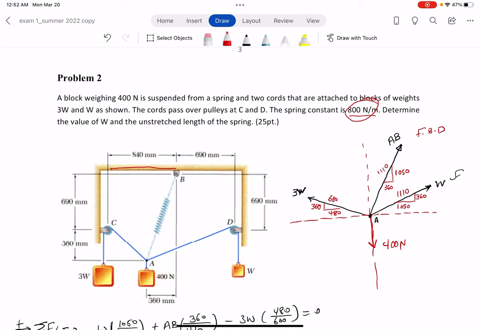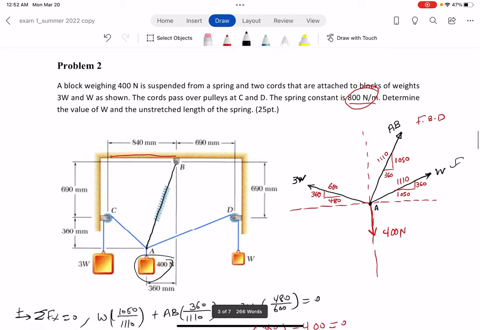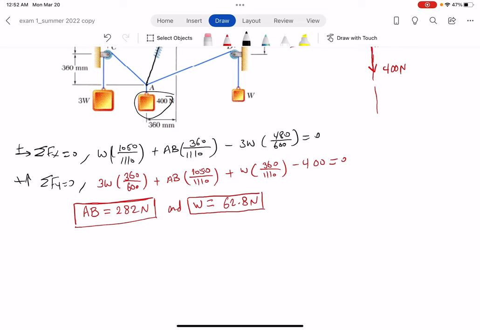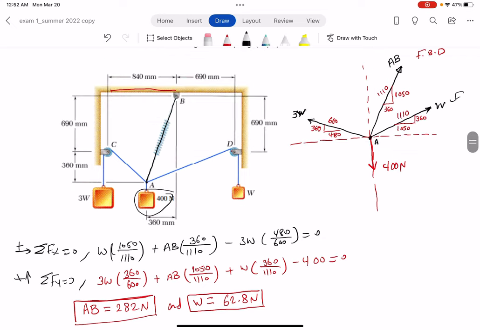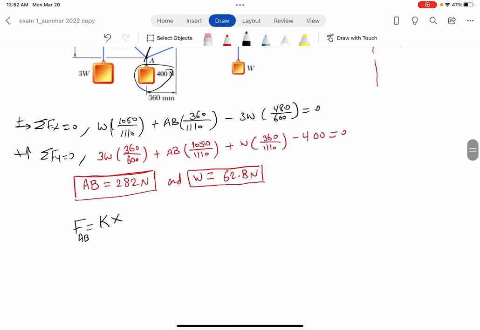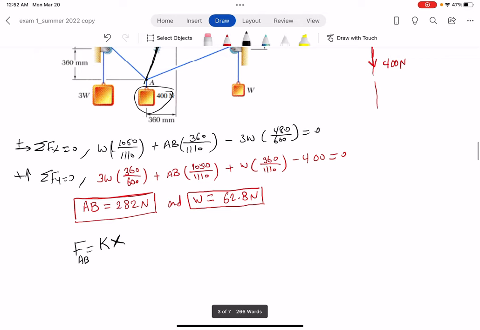In the meantime, this is the weight, and this length is the length of the spring after stretch. After the stretch, the force FAB is equal to K times X, because this is the force AB. Now, what is the length AB after it has been stretched?